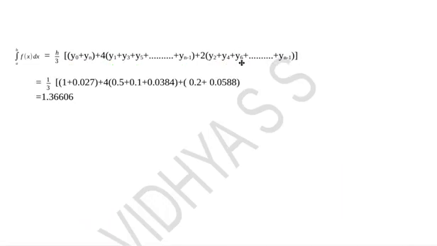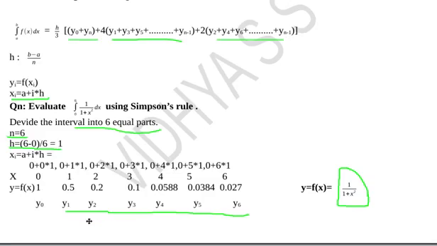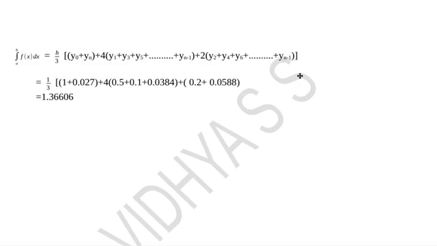Then next is 2 into all even terms, that is 2 into y2 plus y4 plus y6. So after calculating this, I'll be getting the value as 1.36606. This is the value of this integral f of x dx.